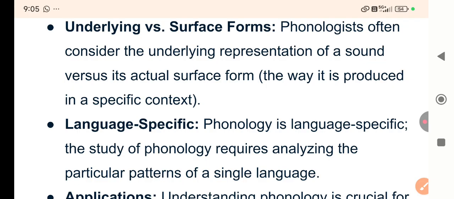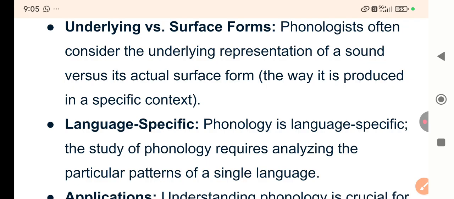Now the next aspect is underlying versus surface forms. Phonologists often consider the underlying representation of a sound versus its actual surface form, the way it is produced in a specific context.